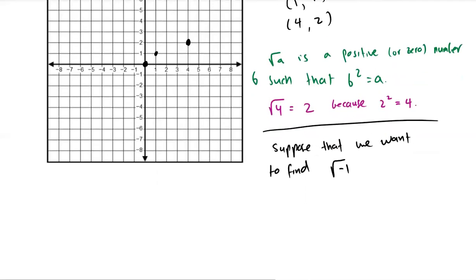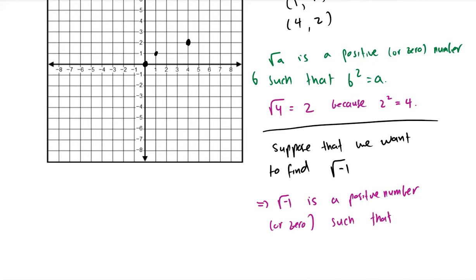By definition, the square root of negative 1 is a number b, a positive number or 0, such that b squared equals negative 1.